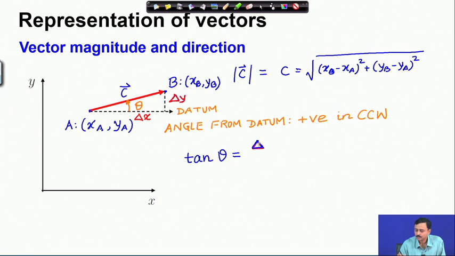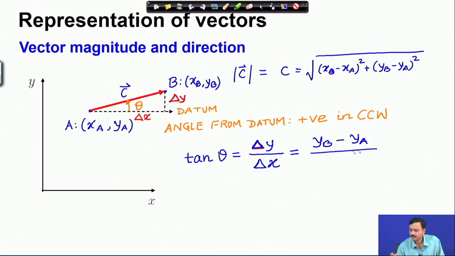So, tan theta is delta y by delta x, where I have shown delta y and delta x in the figure. Therefore, this is nothing but y b minus y a by x b minus x a.